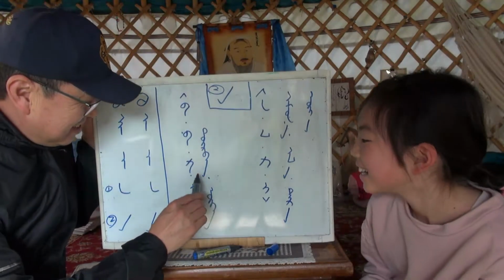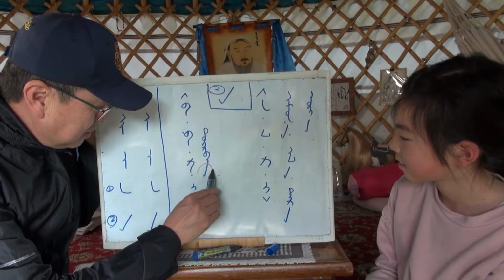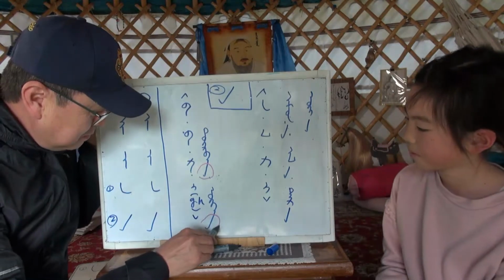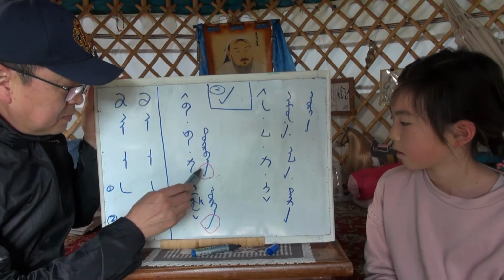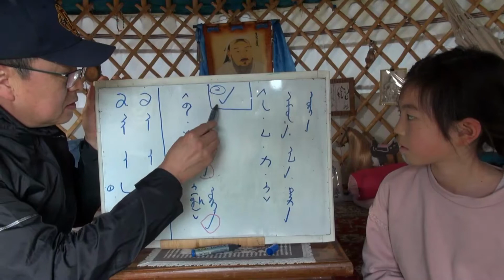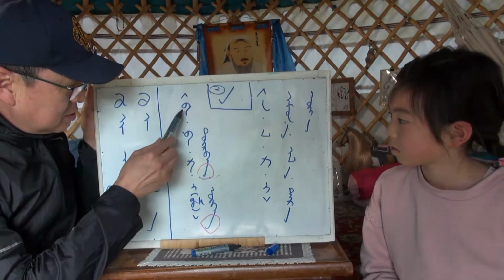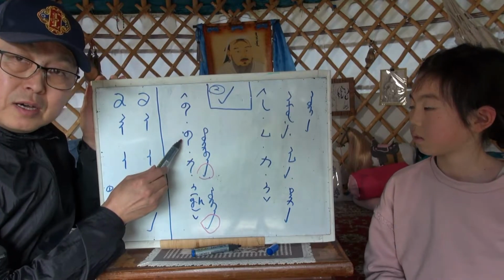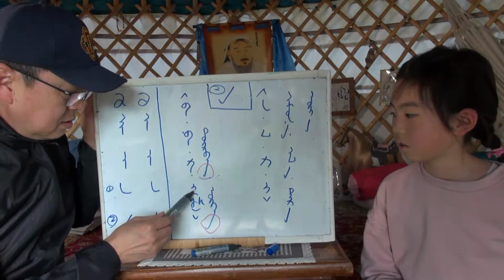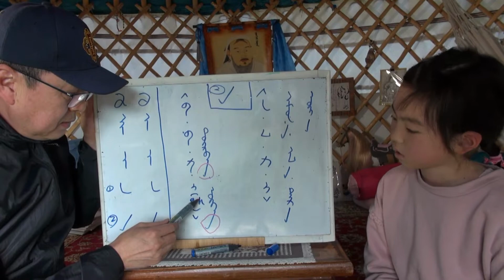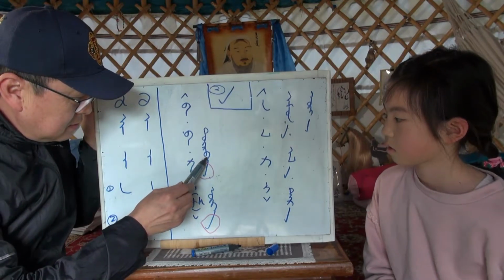Okay, so here is the A, and here is the A. We're using this shape 2 after B, F, K, G or H, and then you will add a teeth.